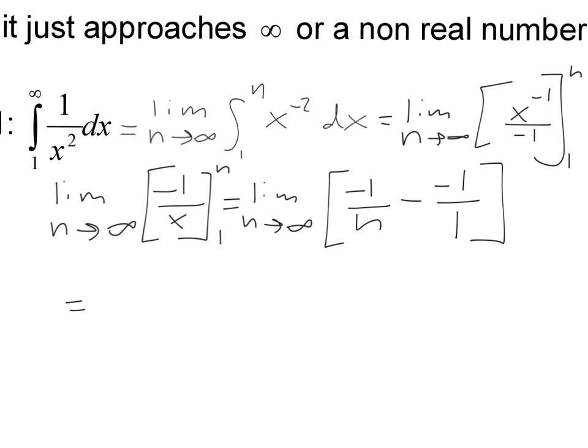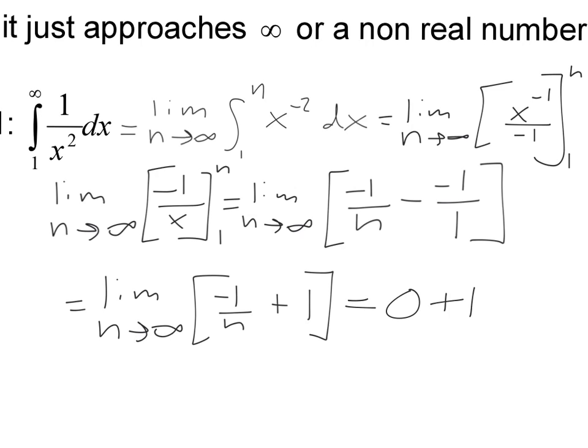Okay, and now we can see that this is asking for the limit as n approaches infinity once again of -1 over n plus 1. Well, we should recognize that this is one of our special cases. This is the small over big principle, right? So this is relatively small, and infinity is relatively huge. So that means that this equates to 0. So we could say this is the same thing as saying 0 plus 1. And so this answer is 1.